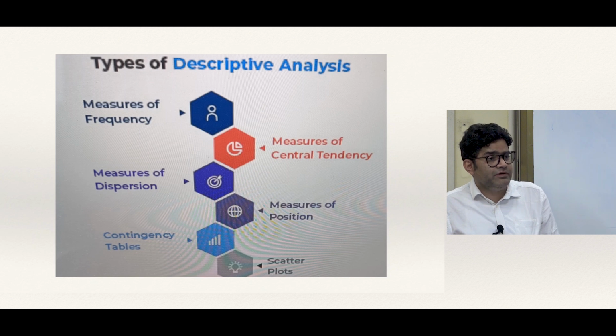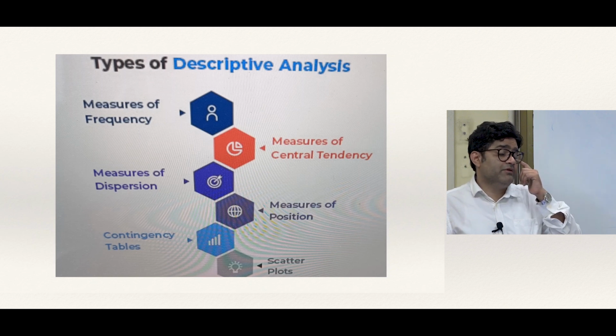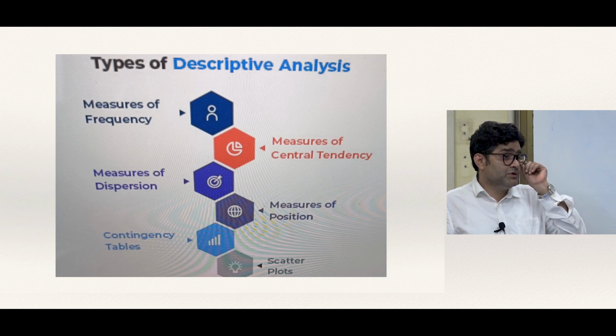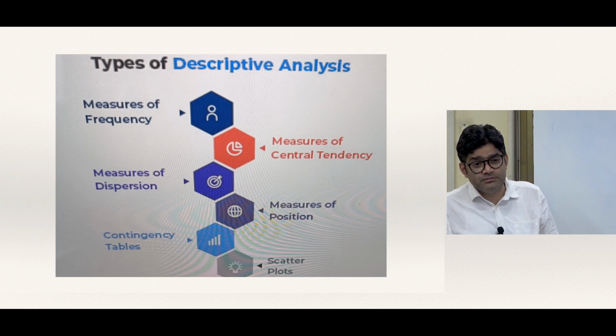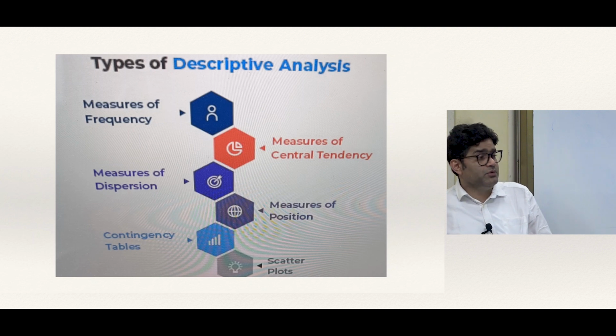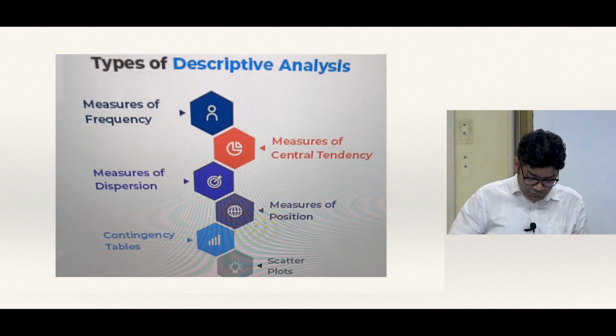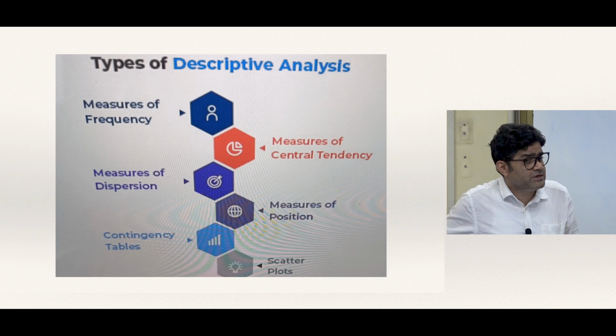Okay, and if I ask you, what is the average duration of survival? Should we add all the numbers and divide by the number of observations? If you do so, you will get a value which is around 8 or 9.